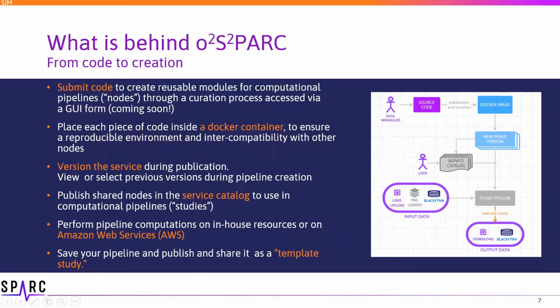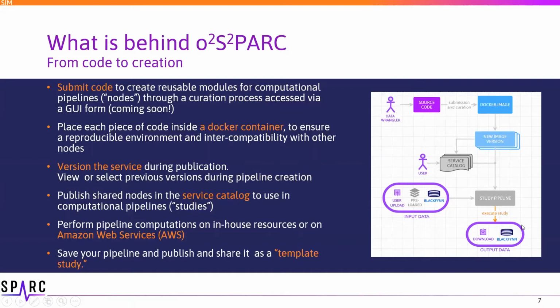Inputs to this study pipeline could be from a user upload. It could be data already on our o²SPARC platform. We have a few data sets ready to go, or they can be pulled from Blackfin, another SPARC resource that you might have heard of or maybe are already using. These study pipelines are then executed on our in-house resources or on Amazon Web Services.